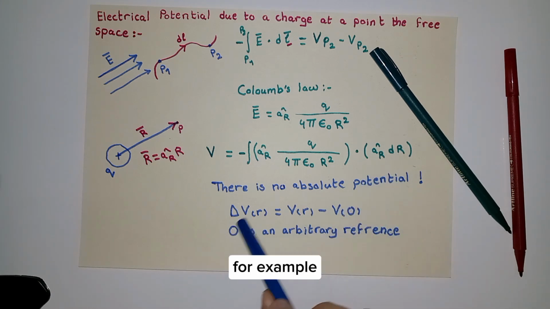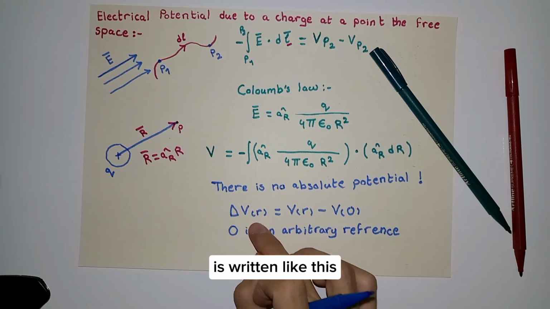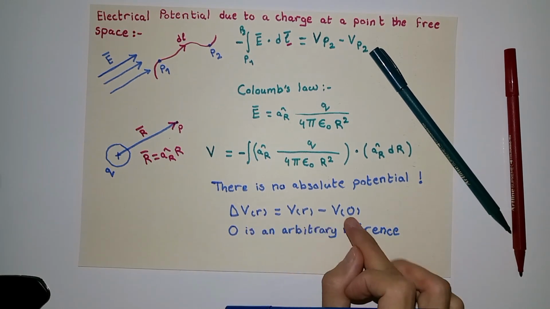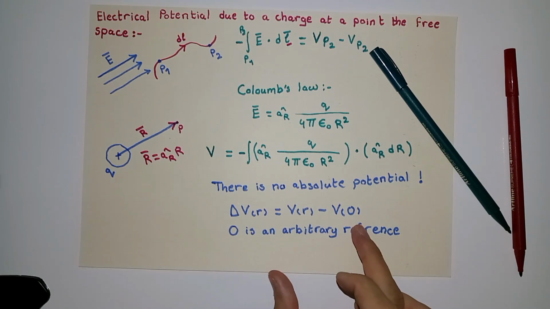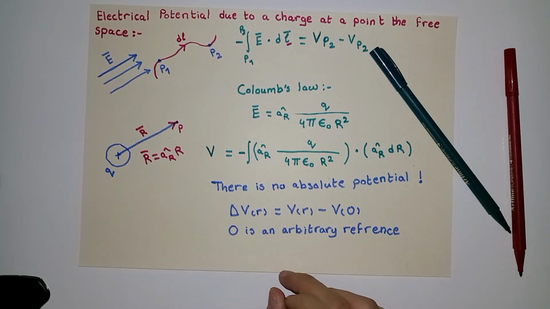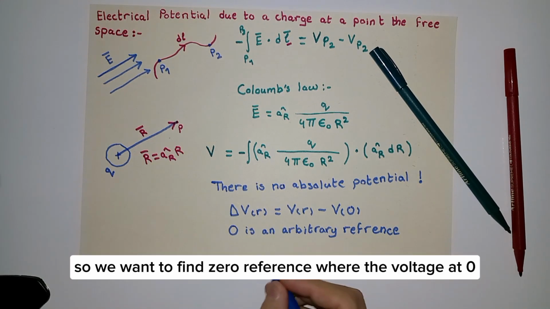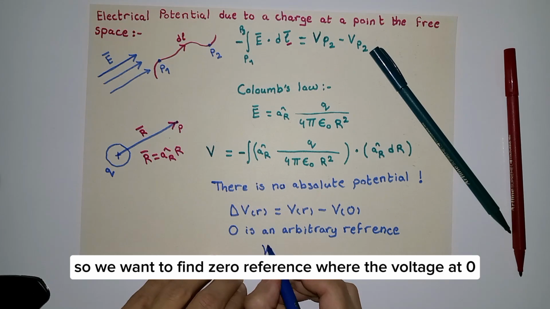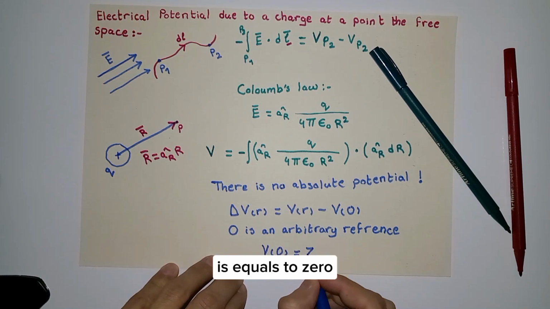For example, the potential at some arbitrary location R is written like this: VR minus VO, where O is an arbitrary reference that we measure the potential at R with respect to. The optimal selection for the reference is indeed yielding 0. So we want to find the reference where the voltage at O is equal to 0.